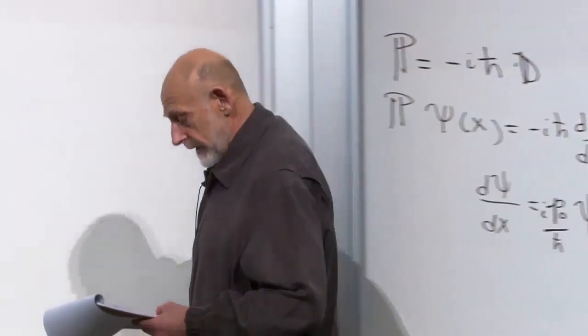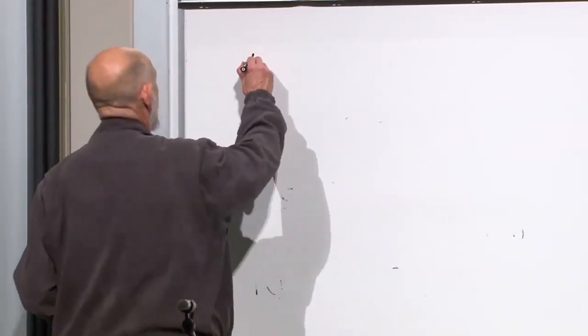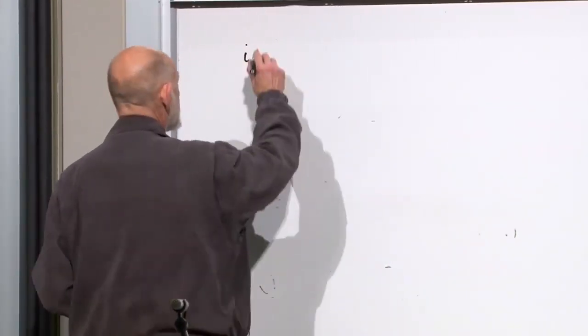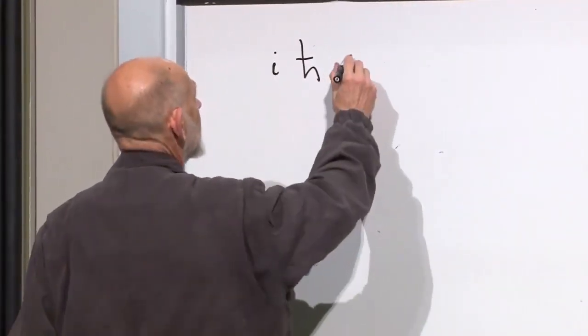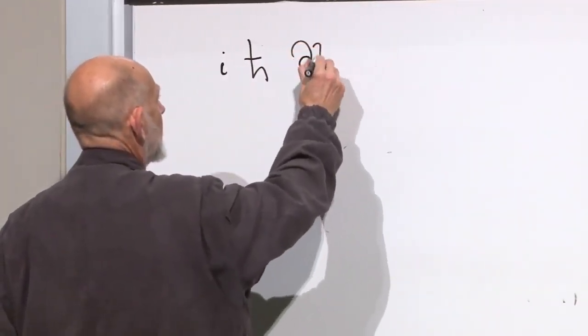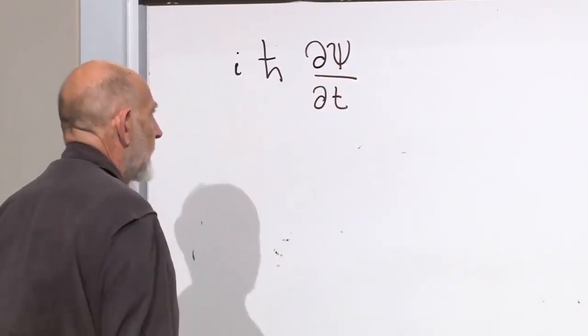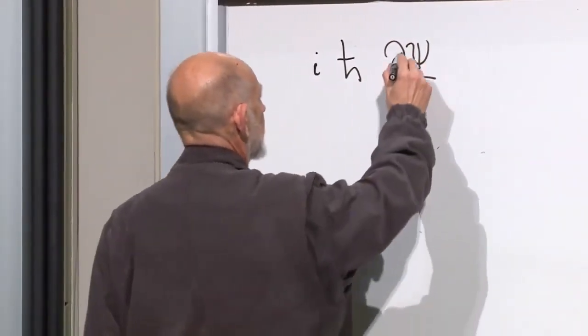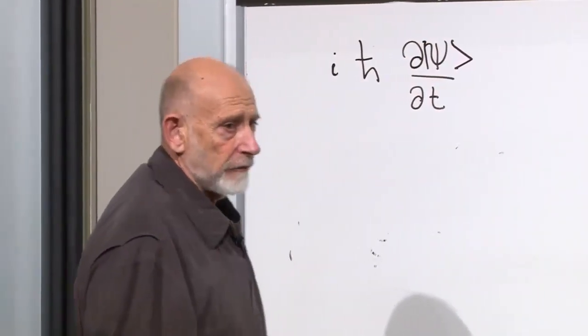The equation for the evolution of a state vector is, let's put our h bars in for the moment, take them out again in a little while, d psi by dt. We can write this in terms of state vectors. The state vector is generally a function of time.